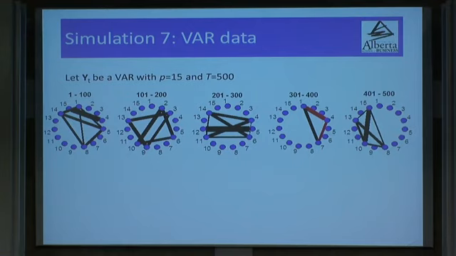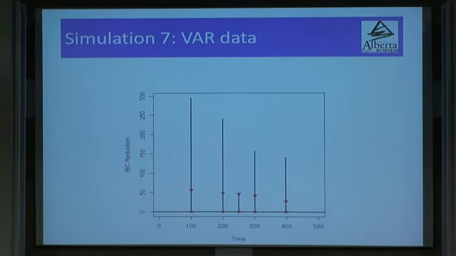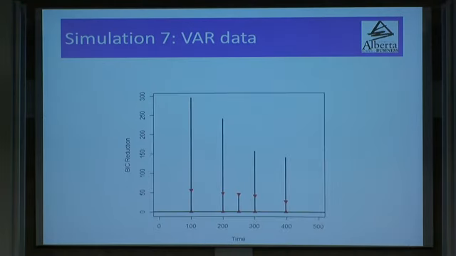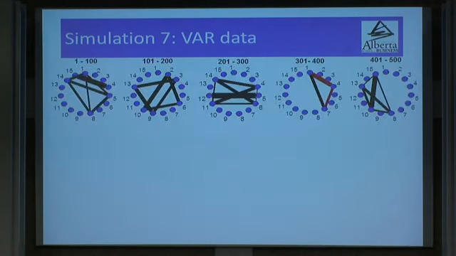Okay? So when we run the DCR algorithm, you can see that there was 5 graphs, so there was 4 change points. So when we run the algorithm, you can see that it finds the 4 change points. Okay? And so what I do here is, this is the truth. This is the actual graph.